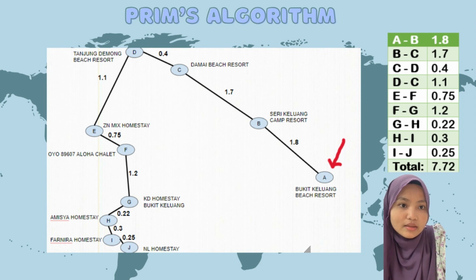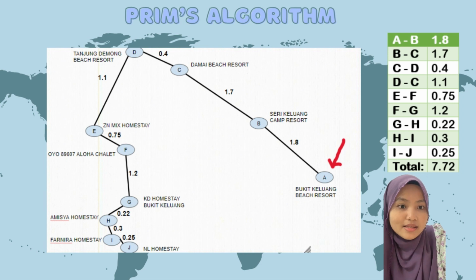Next, we select the route from E to F, which is the closest and shortest option, spanning a distance of 0.775 kilometers. After arriving at point F, we choose the route leading to point G, which is only 1.2 kilometers away.